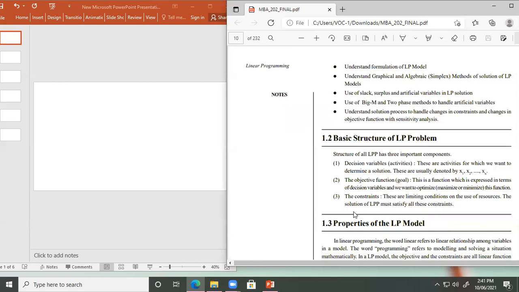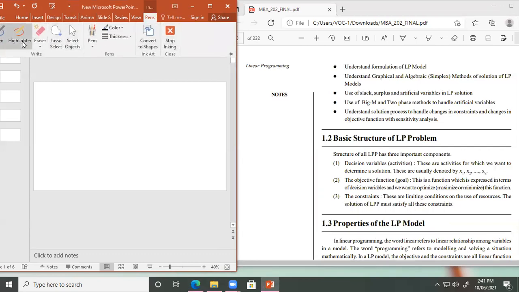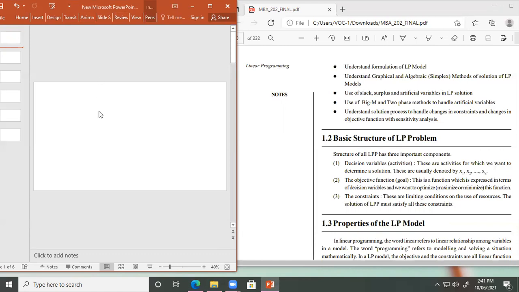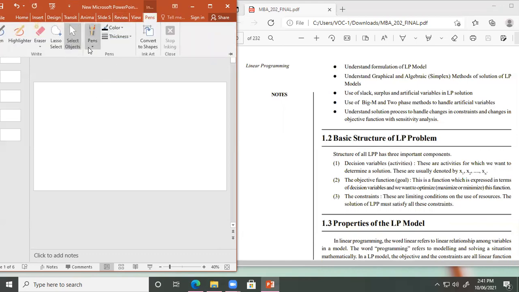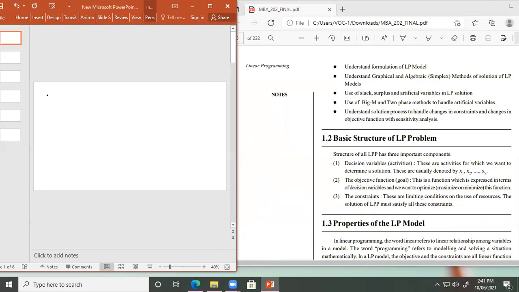So what are decision variables? These are the activities for which we want to determine a solution. These are usually denoted by x1, x2, up to xn. Okay, this is decision variables or activities.